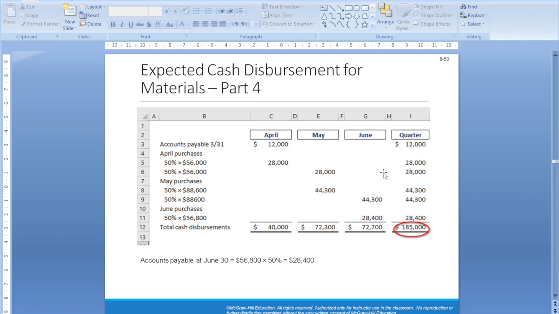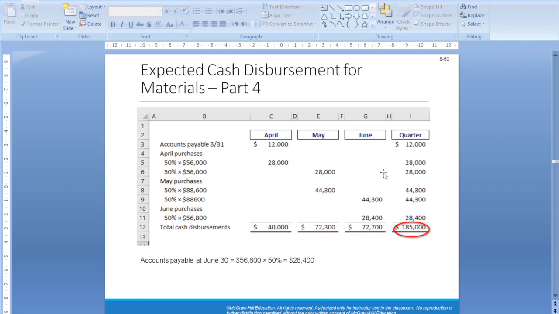Now, I will pay 50% of June purchases in the same month of June, but I will postpone the other 50% for the next month, which is out of my budget. Why? Because it will be paid in July. So for our budget here, which represents April, May, and June, I will pay only 50% related to June, and I will postpone the other 50% for the next quarter.